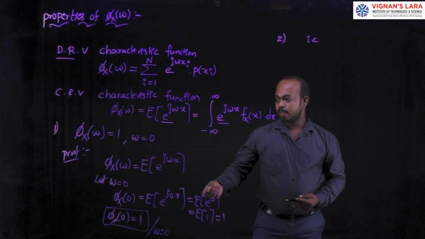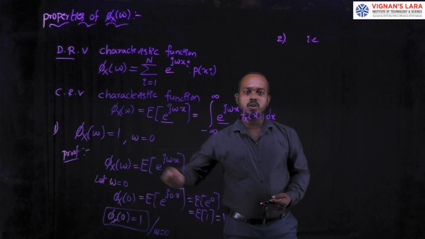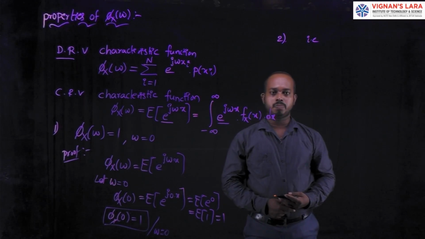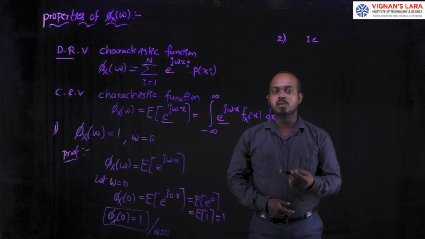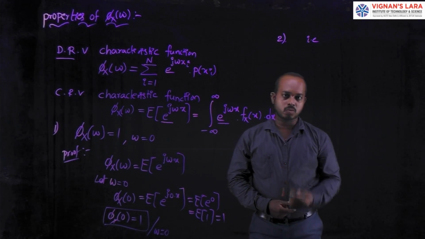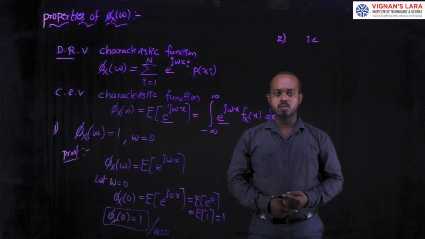What is that? The first property is that it has the unity value at ω equal to 0. In this second property, we are saying it has the maximum value at ω equal to 0.